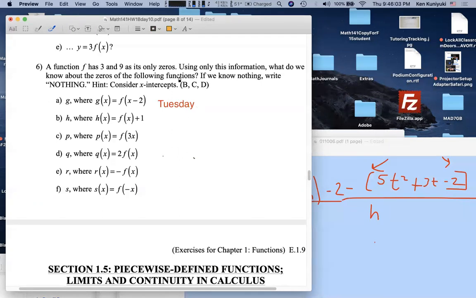Because here's the deal: 6 is telling us that we have x-intercepts at (3, 0) and (9, 0). What impact does this have? It raises the graph up 1 unit. But where are the new x-intercepts? We don't know. I only know that (3, -1) and (9, -1) were not on the old graph, because otherwise we'd fail the vertical line test. So the bottom line is that we don't know much about the new zeros of the new transformed function, except for the fact that 3 and 9 are not zeros. You cannot have the same zeros as before because the graph has to pass the vertical line test.